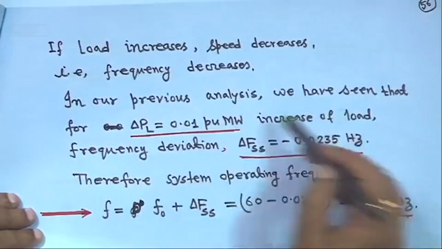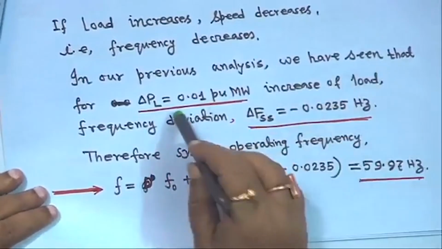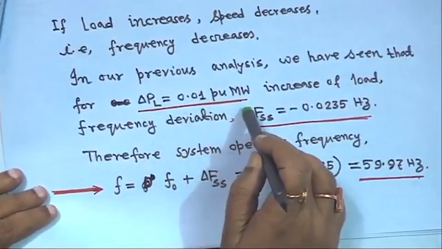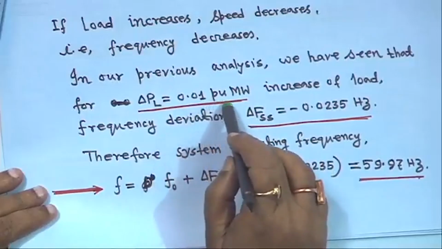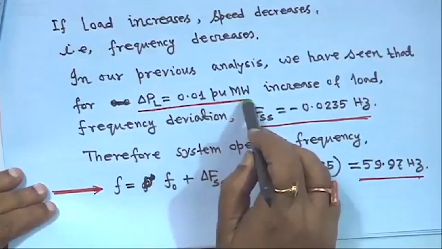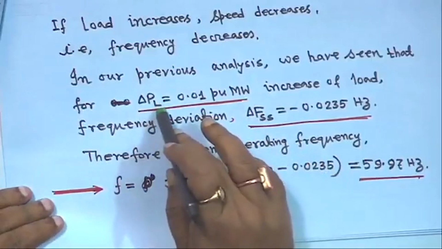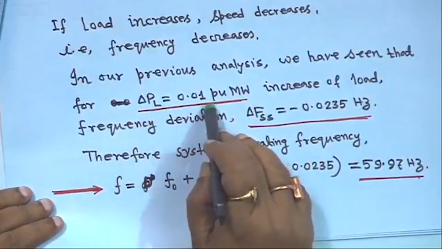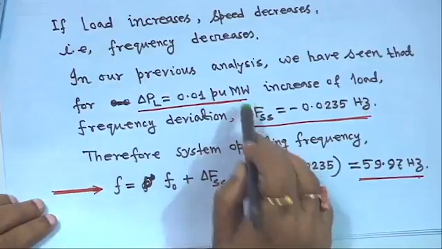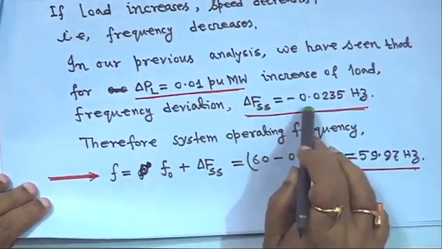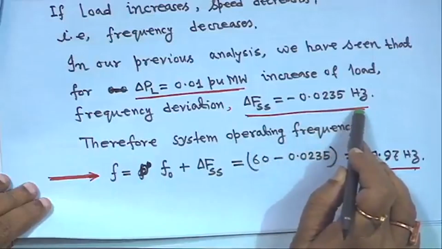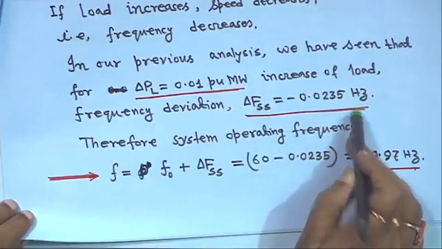So, in our previous analysis, whatever you have seen, delta PL is 0.01 per unit megawatt. We are not telling just per unit, we are telling per unit megawatt, because this is actually related to power, that is why making it 0.01 per unit megawatt, right. Increase of load, frequency deviation is this much, delta Fss is equal to minus 0.0235 hertz when load is sensitive to the changes in frequency.